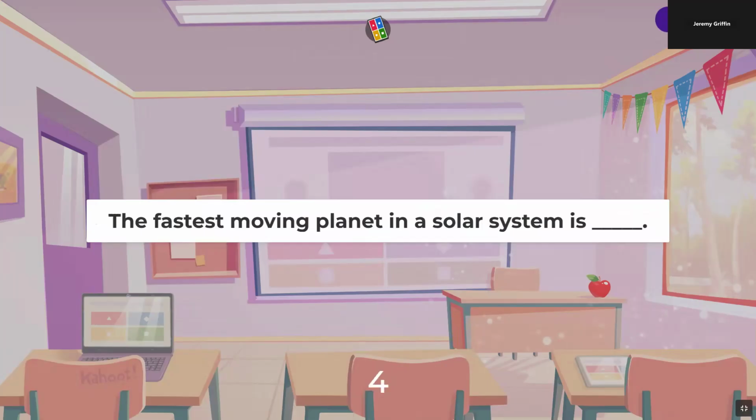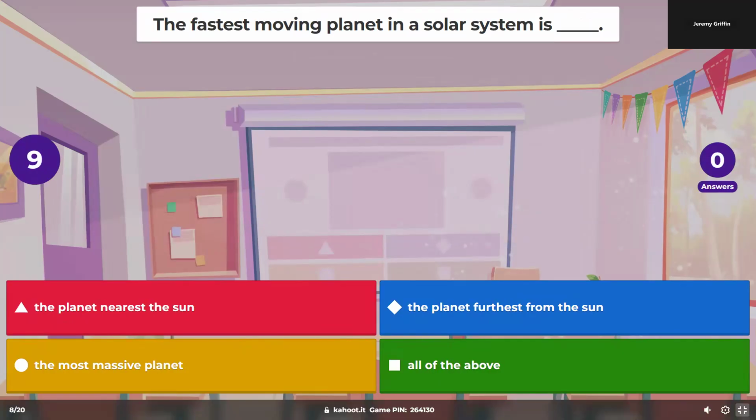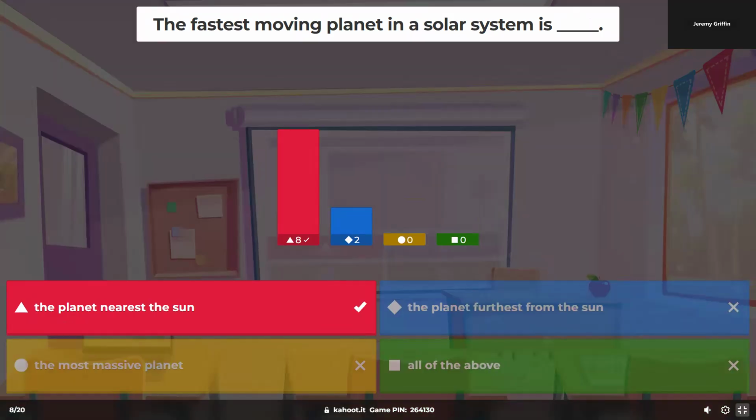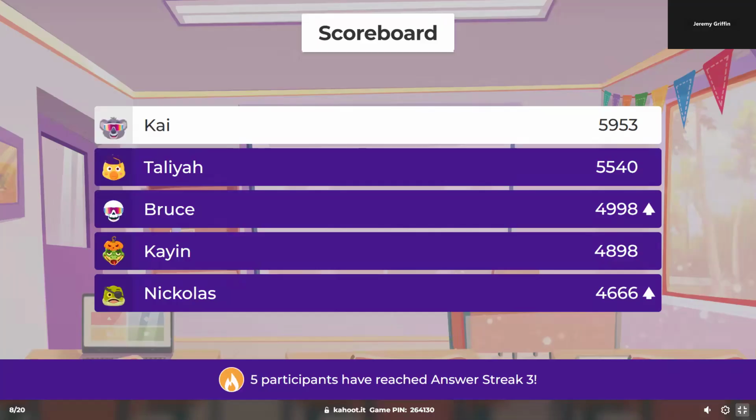All right, Bruce, Gavin, Kaya, Talia, Kai. The fastest moving planet in our solar system. Ooh, what do you think? Yeah, the planet closer to the sun. The closer you are to whatever you're orbiting, the faster your speed. Run the equations. Nicholas, Kaya, Bruce, Talia, Kai.